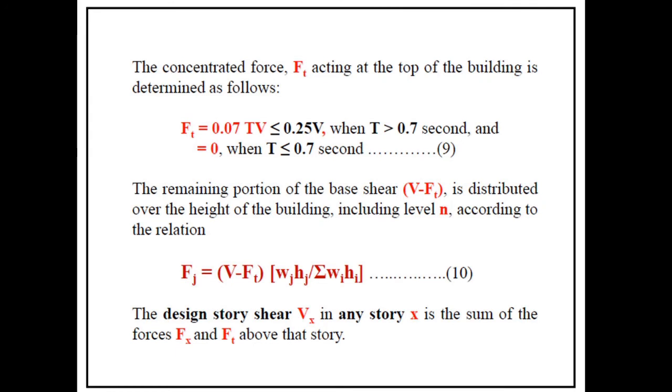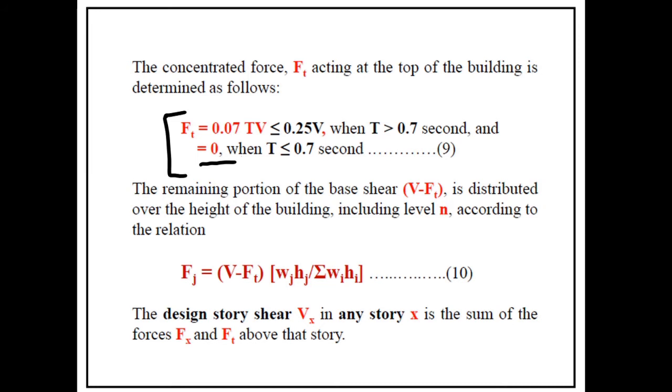The concentrated force Ft acting at the top of the building can be determined using these formulas. Ft is equal to 0.07 TV, which is applicable only when the value of T is greater than 0.7 second, and if the value of T is less than 0.7 second, then we need to consider the value of Ft as 0.